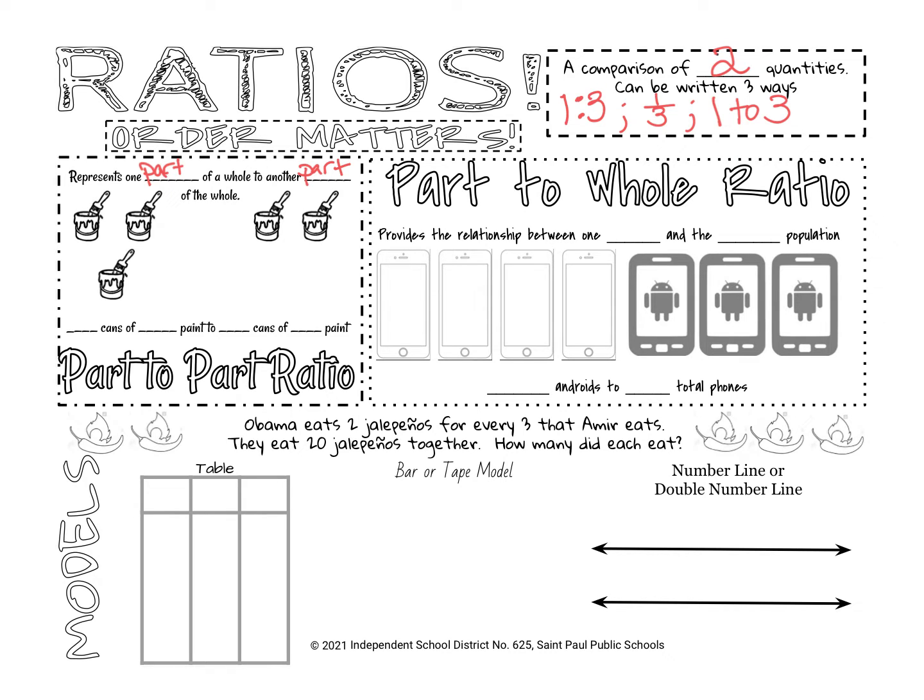All right, so I'm going to look at here. As you can see, I have these different colors of paint, or these different cans of paint. So I'm going to go ahead and color these. I'm going to make these blue. I'm going to go ahead and make these red.